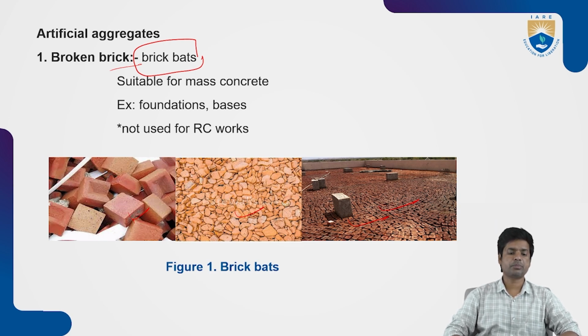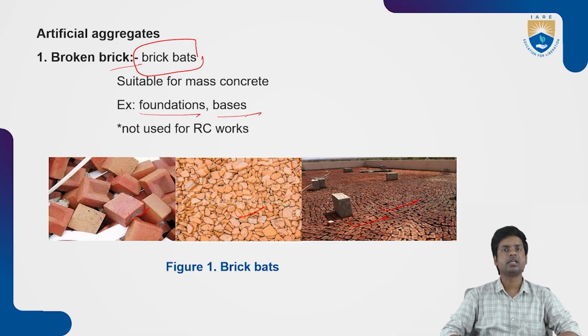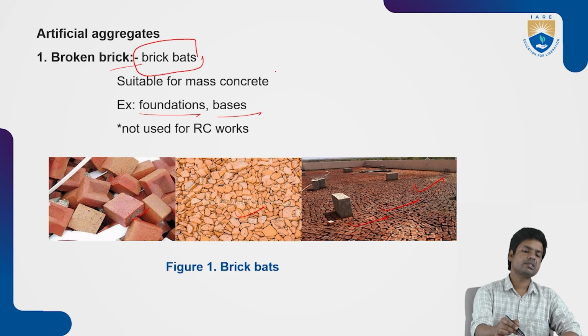That means as a filler material, like for filling foundations or base courses, while casting the slabs. Here you can see this picture. For constructing foundations and bases, we use these brick bats or broken brick pieces, and these are suitable for mass concreting.